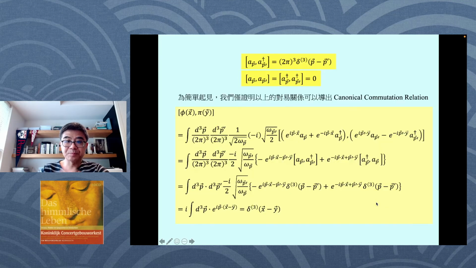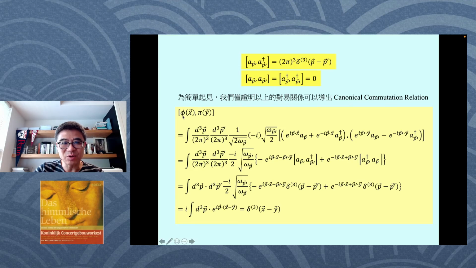So here is the derivation. You can do it by yourself. I believe almost every quantum field theory student must do it by yourself once in your life. It's not that difficult.